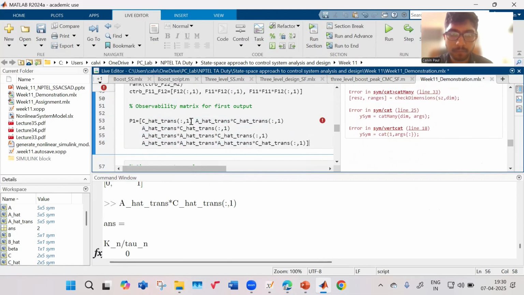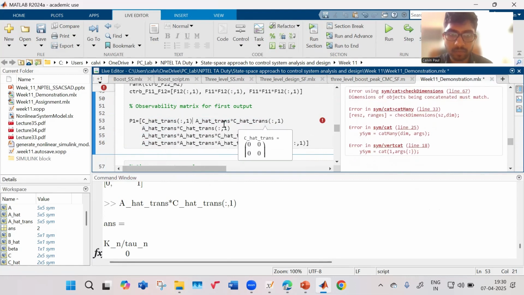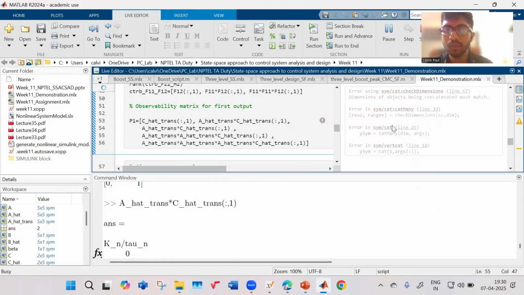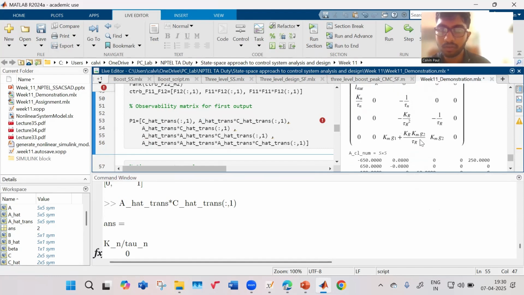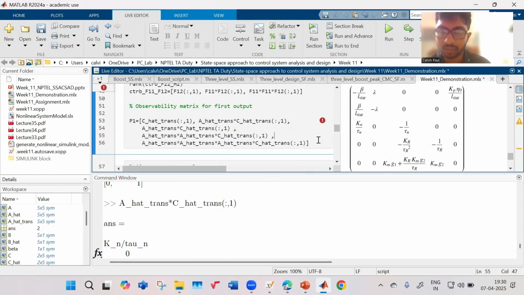No, it's not running. What about the commas? Run section one. Yes, so it comes like this.